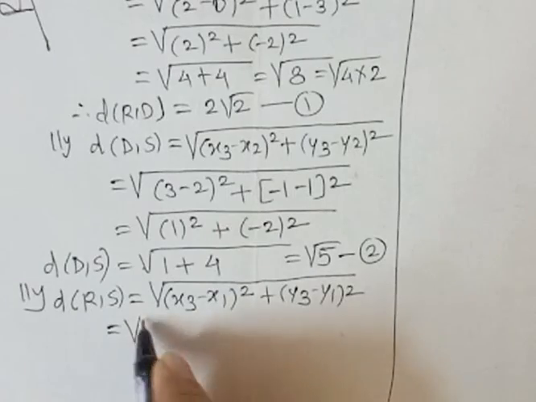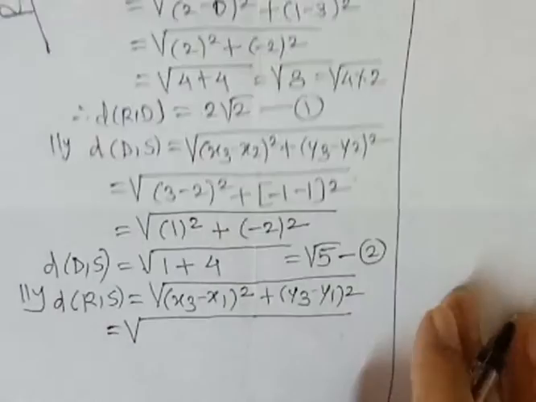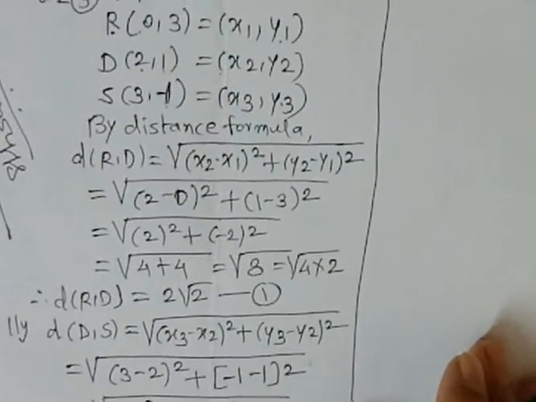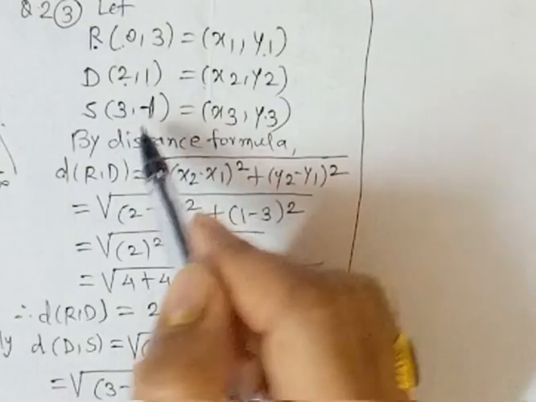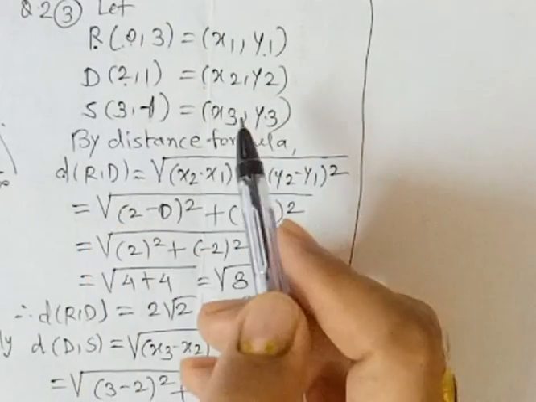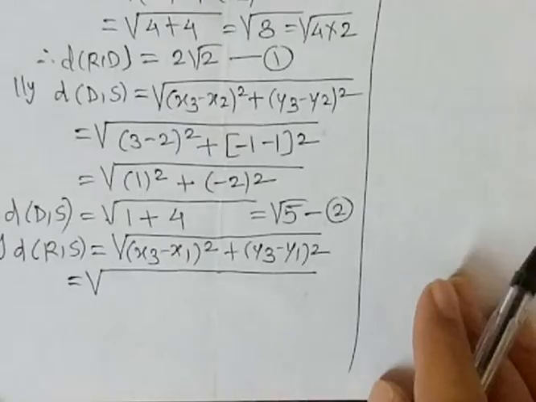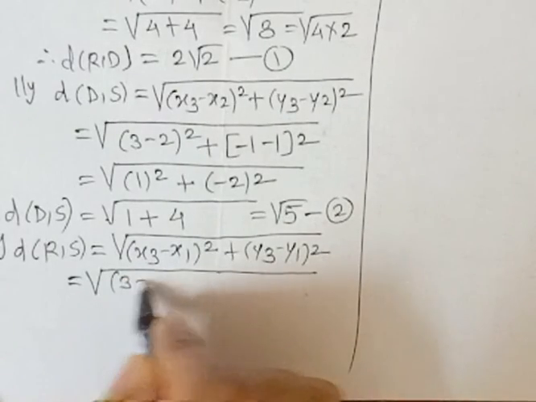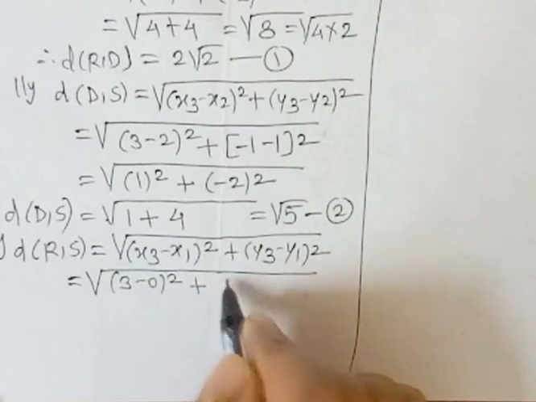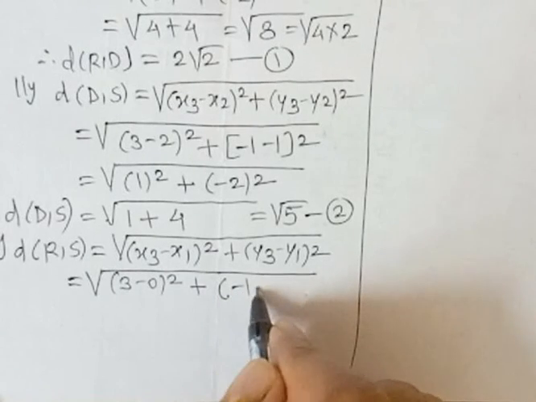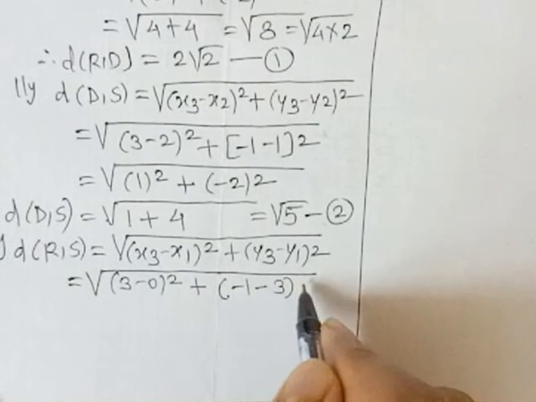Now x3 is here, x3 is how much? x3 is 3 minus 0 to the whole square plus y3 is minus 1 minus 3 to the whole square. I write here: 3 minus 0 to the whole square plus y3 is minus 1 minus 3 to the whole square.